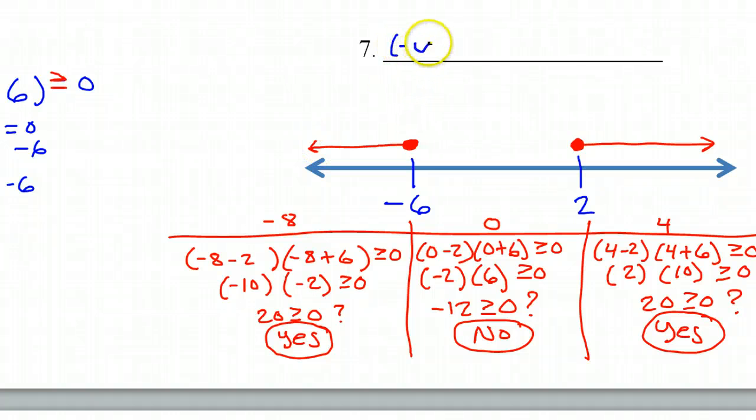So we have negative infinity and then all the way up to 6. And we will use a closed bracket to show that we're including this endpoint. And then we'll have to put a union because we have these two separate pieces. And then we will say starting with the 2 and include that 2, and it goes all the way to positive infinity. Okay, this is the solution and this is the graph.